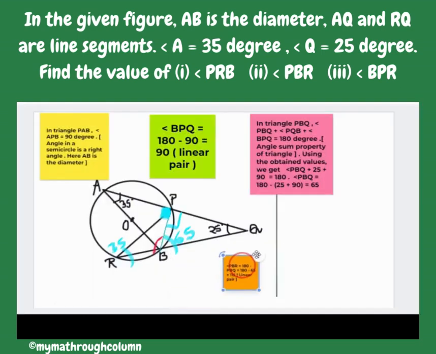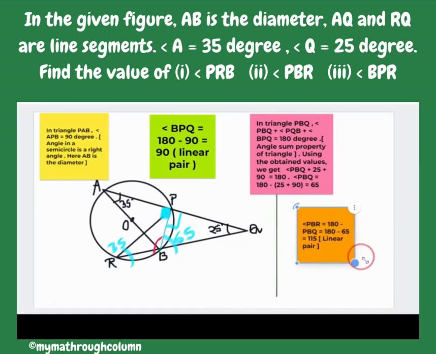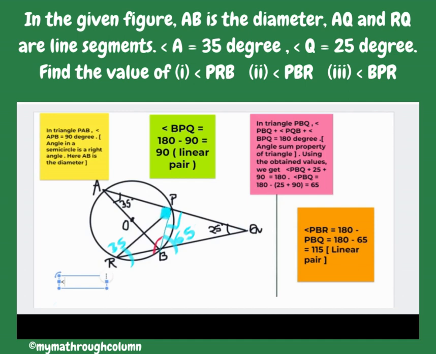So ultimately, we have calculated angle PBR is equal to 115 degree. This was the second angle which we had to calculate.